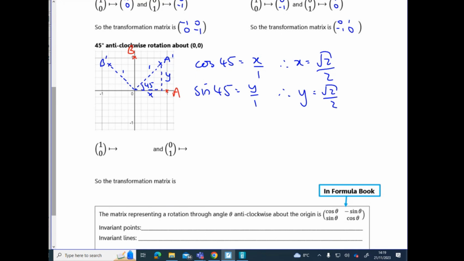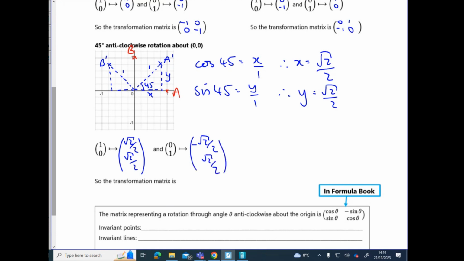So 1, 0 goes to root 2 over 2, root 2 over 2. 0, 1 for B. So it's still up root 2 over 2, and it's root 2 over 2 to the left, so it's minus root 2 over 2.